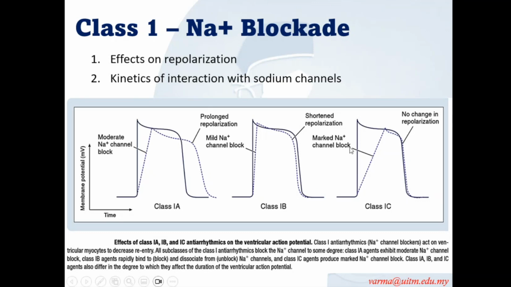We know 1C as the marked sodium channel blockade, so you can see the slope is slanted a lot. But since the slope is slanted a lot, the repolarization comes in here, so there is no change in the refractory period. It reaches here and then straight away a short action. It is a strong and short action, that's why the refractory period is not changed.